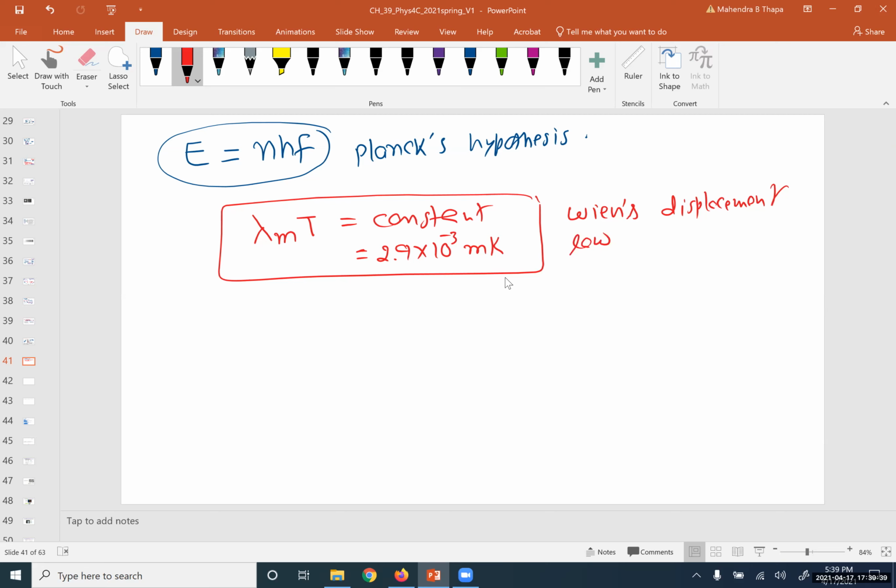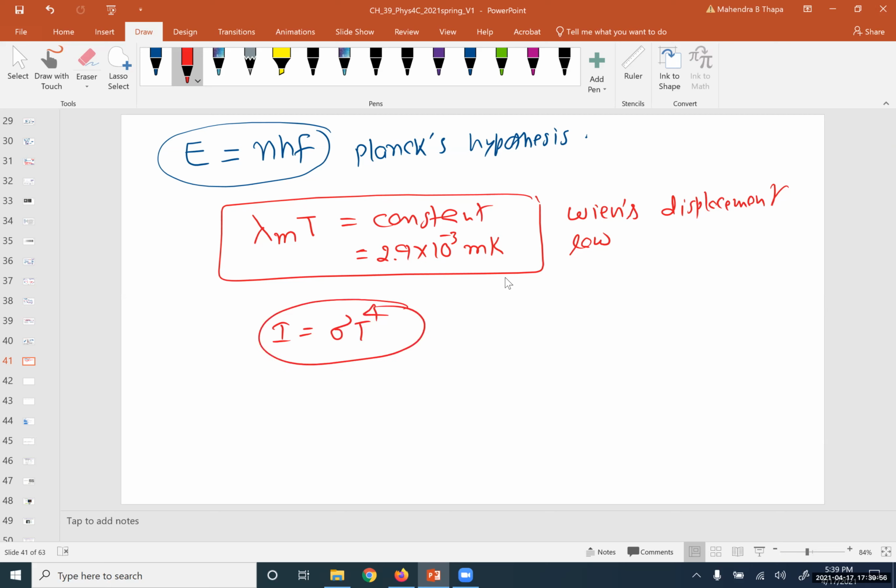And after some math, we find that the energy emitted will be I equals sigma T to the fourth.